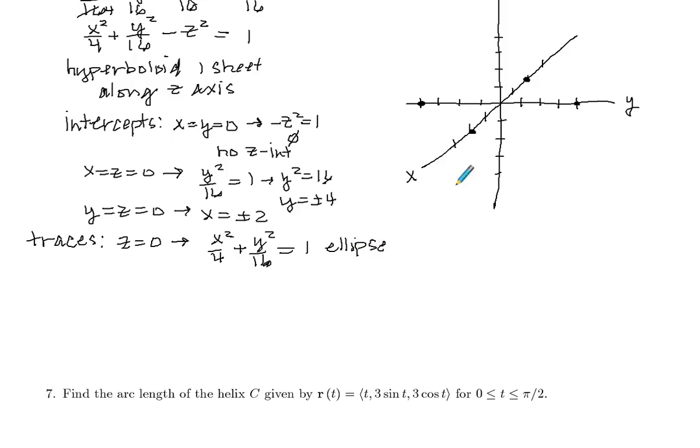And in fact, that's the ellipse that has these 4 intercepts. So you're getting this ellipse that's longer than it is wide. Okay, so that is z equals 0.